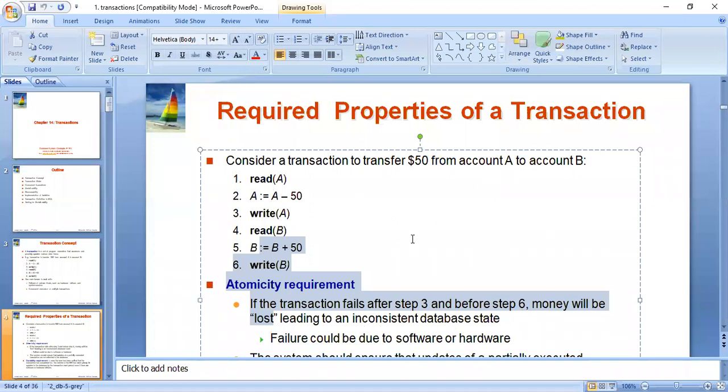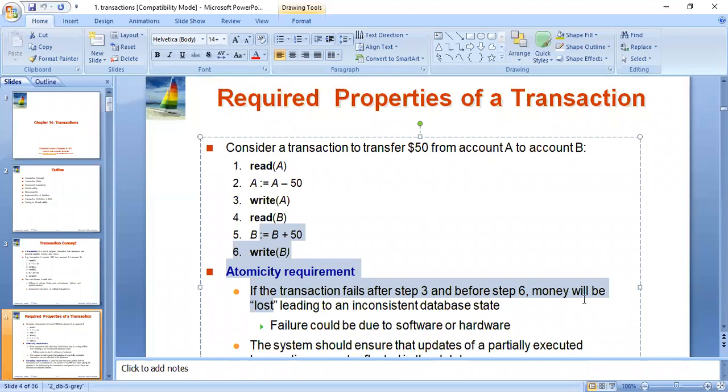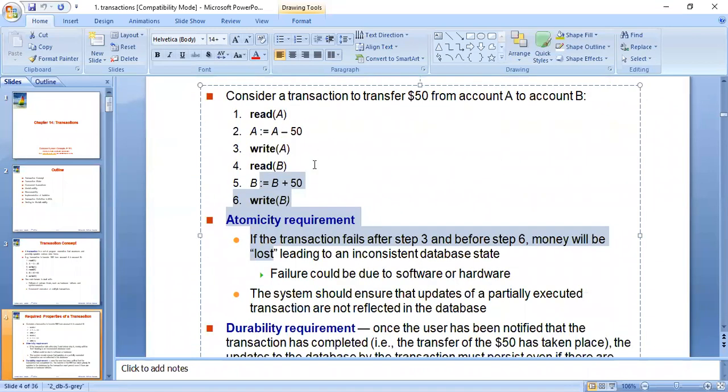That means if this situation arises, then the inconsistent situation will occur. That is what the atomicity requirement means. Either all instructions of the transaction have to be executed or none has to be executed. That is the property of atomicity.